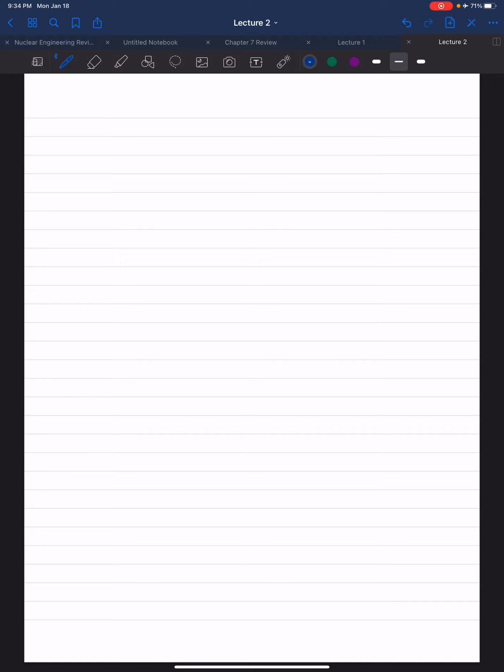Take a look at problem 771. This is page 370 in the text. It says an air-filled rubber ball, we've got a rubber ball.